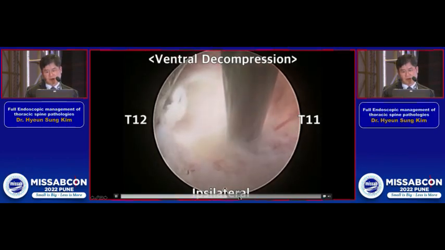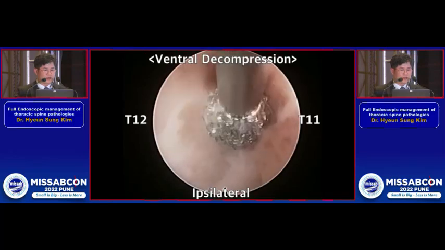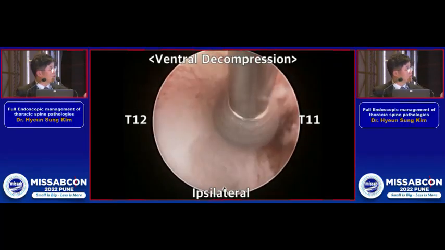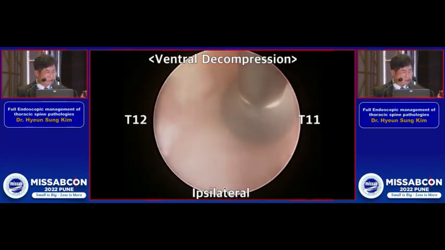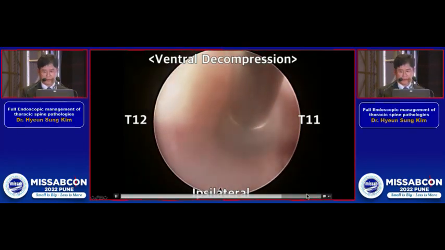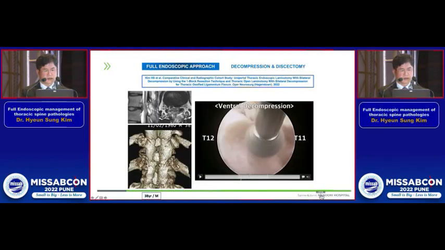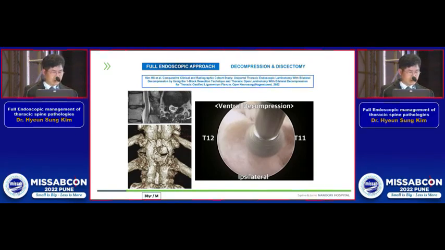There we can meet the ossified disc pathology, and this disc pathology can be removed endoscopically with a change of the small scope. And then post-operatively, you can see this image, and 1-year follow-up this image, and the patient's motor also recovered completely.